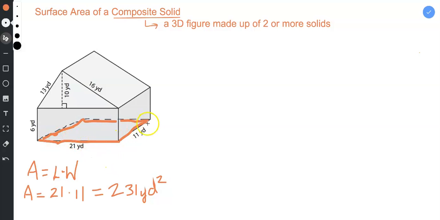Now I don't see any other rectangles that are this size, so I'm going to go ahead and create our chart to keep track of all of this information so we can keep it nice and organized.